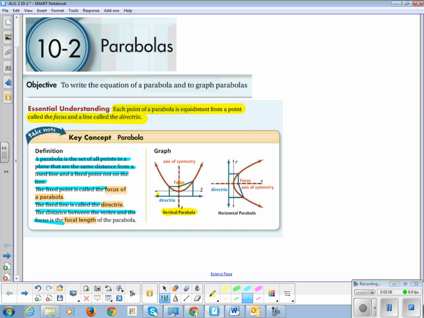One of the differences we're going to find is the horizontal parabola, which is really similar to the vertical parabola, just rotated 90 degrees, but it changes the equations we're going to use for the directrix, the focus, and the axis of symmetry.